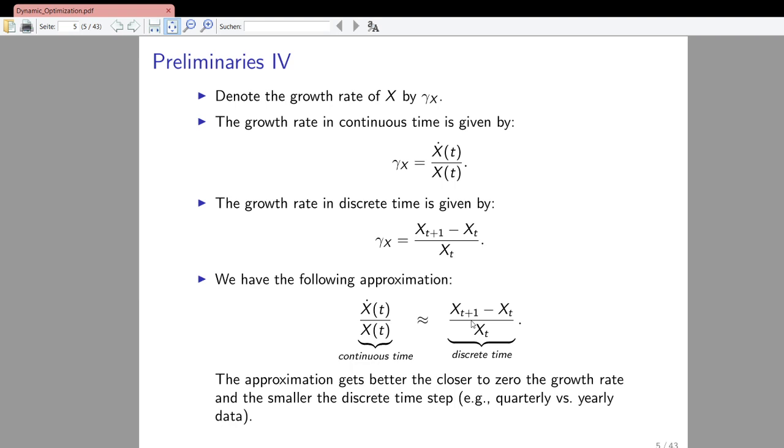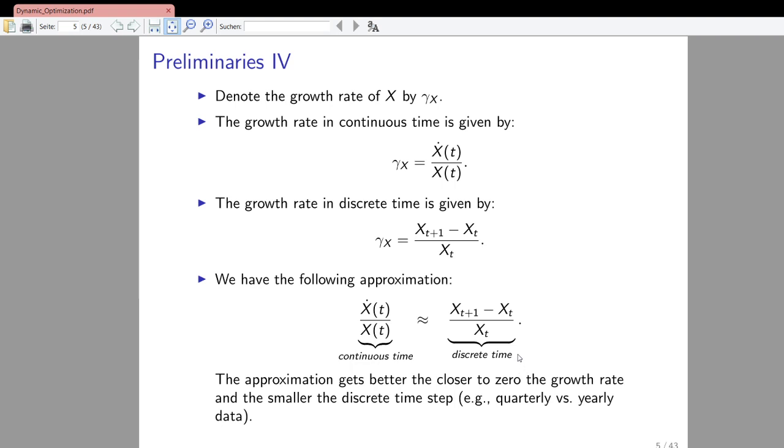But, for example, you know that we also deal with overlapping generations models, where one time step is not 1 year, but one generation, so typically between 20 and 30 years. And in this case, the approximation error that you can make would become rather high already.